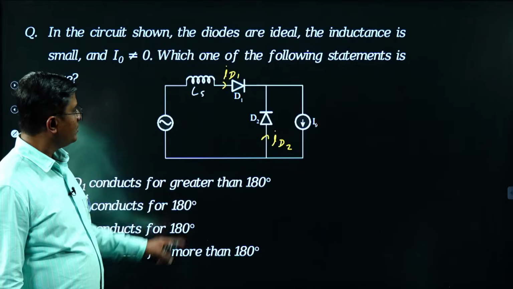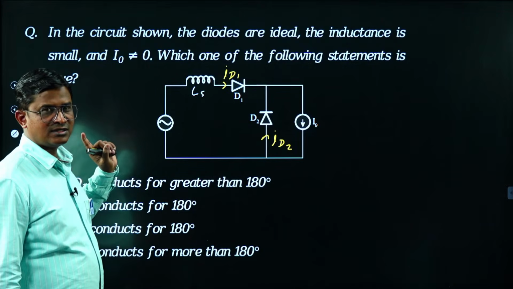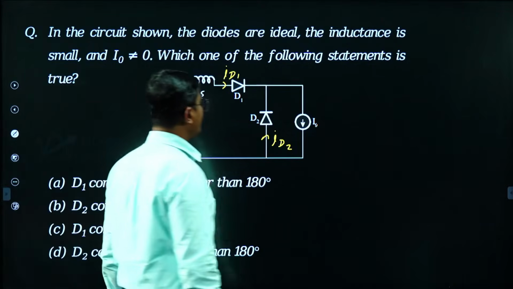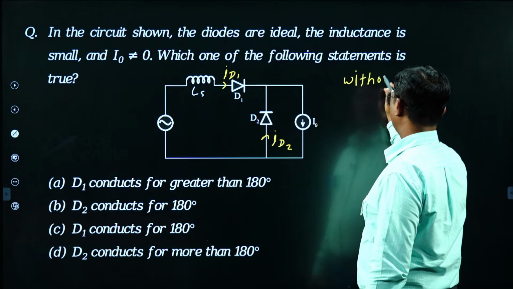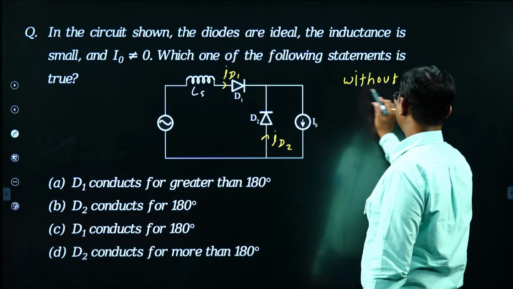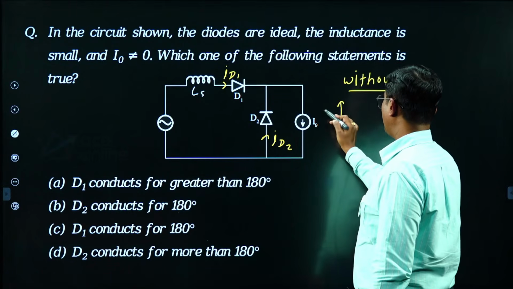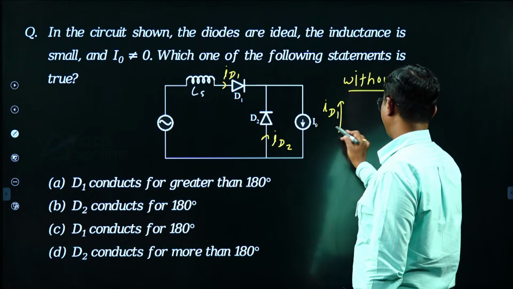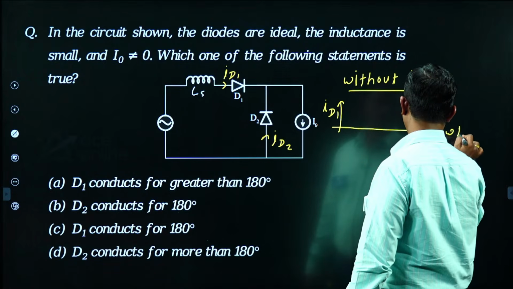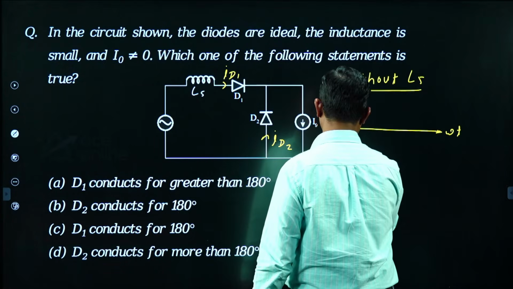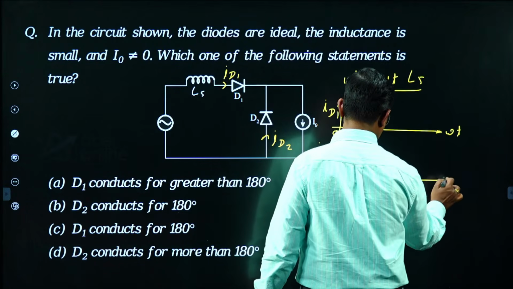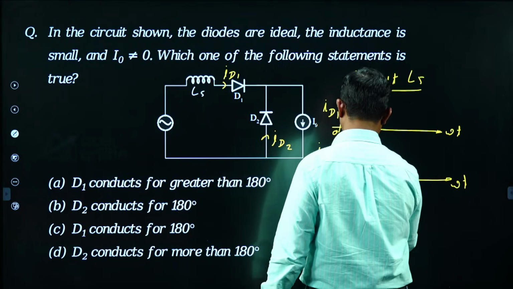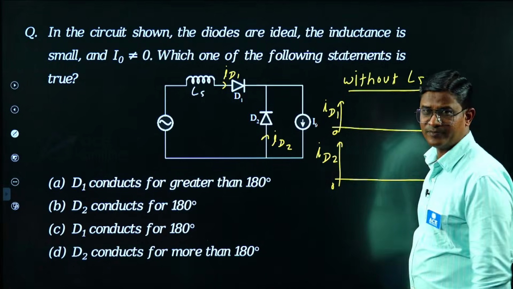Now, without LS, how will my ID1 and ID2 be? Without LS, what will happen?